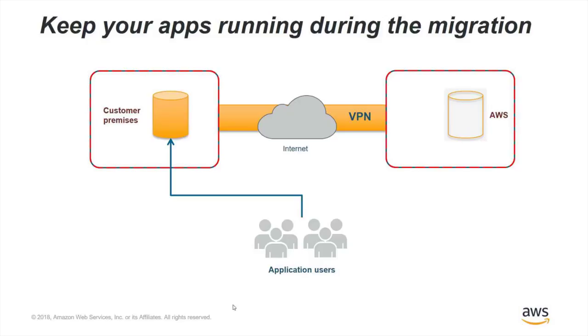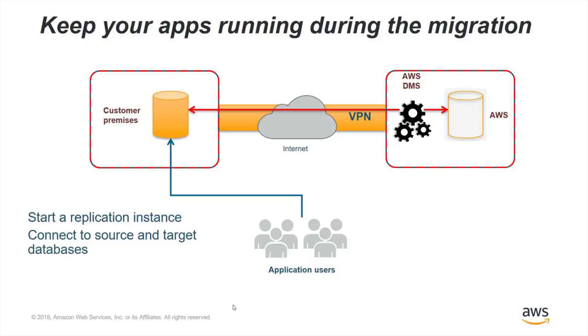So let's explore that. The customer starts by launching a DMS instance in their AWS account. So I've gone ahead and I've started a replication instance. Then the customers provide database connection information to connect their on-premise database to their AWS database, and that is how DMS gets the connectivity to get the data from your source and push it to the target database that you have selected.